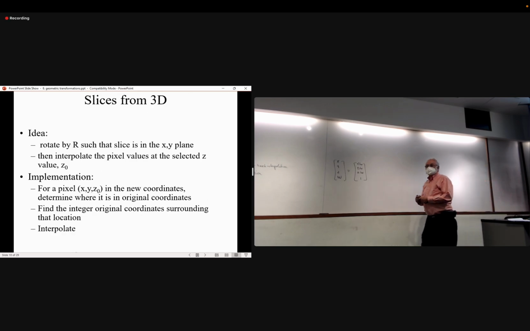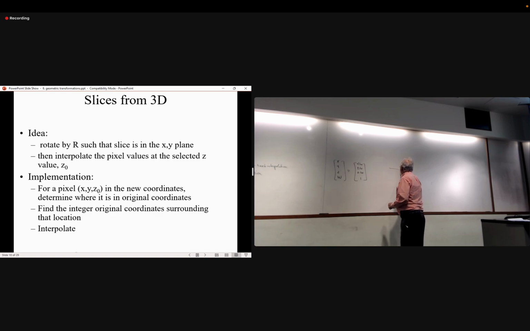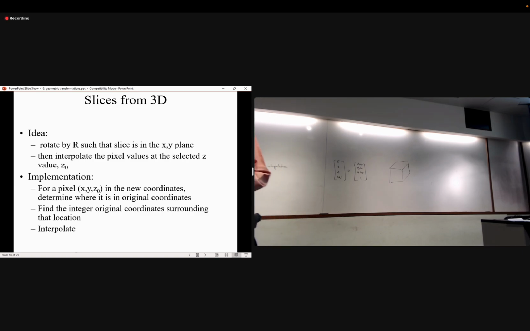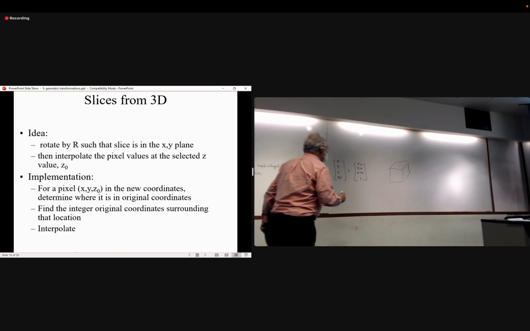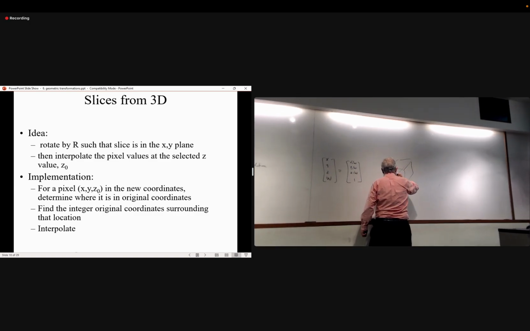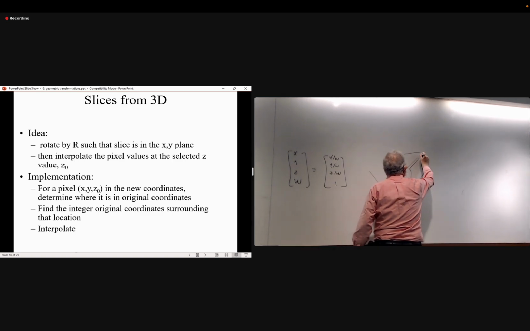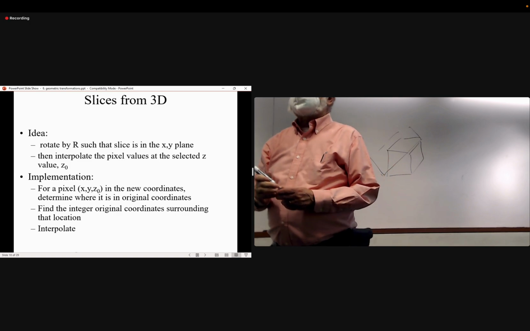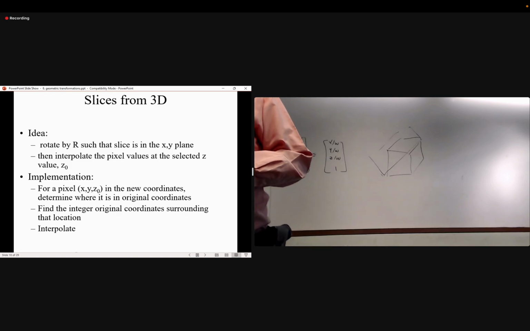Another thing we would like to be able to do is if we have 3D data, like from for example a CT image or an MR image, where you have an intensity at every place in 3 space, sometimes you want to be able to take a plane through that, some kind of a plane, anyway, cut through that thing, and you'd like to know the slice on that plane.